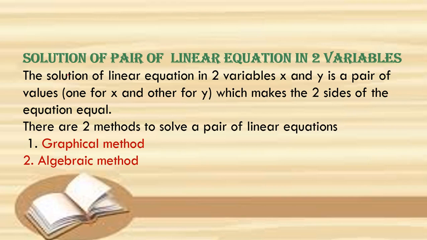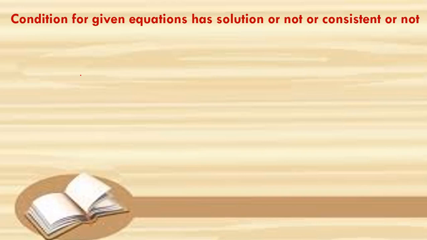So how can we know whether the given pair of linear equations has a solution or not, or, we can say, are they consistent? So for finding that, by observing the equations, whether they are consistent or not, that means they have a solution or not, we have to find it out.